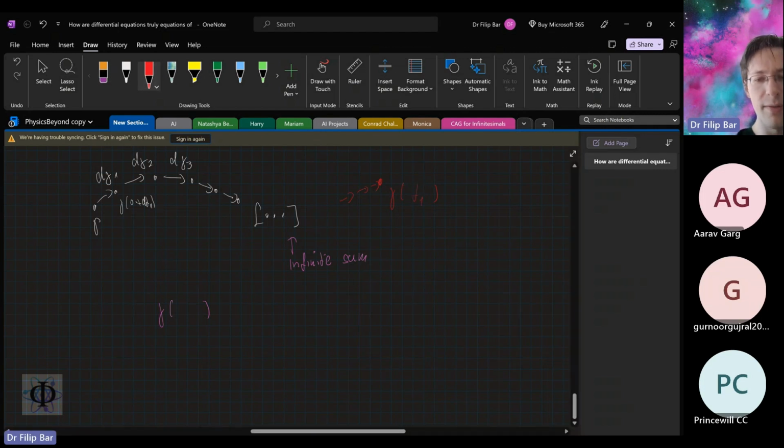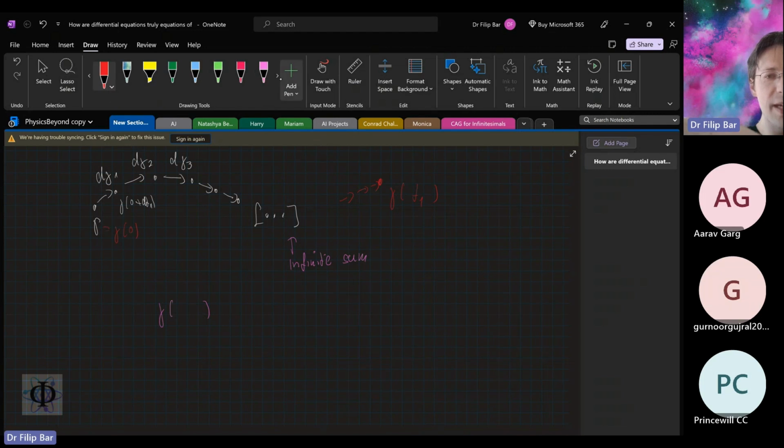So we want to get to gamma T1, and for that I need to start with an initial point, gamma 0, and then I need to integrate from 0 to T1.